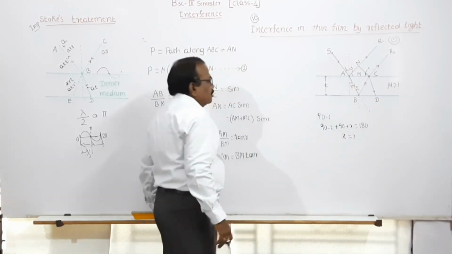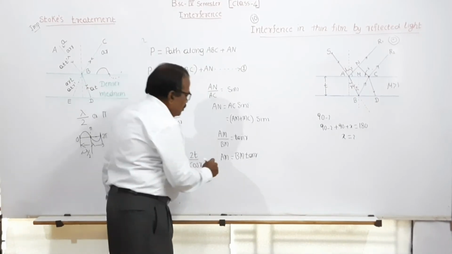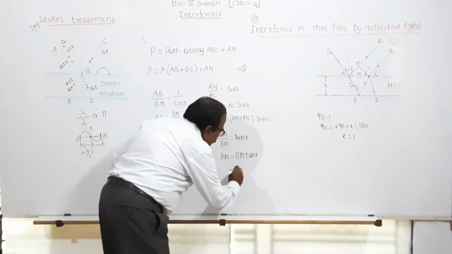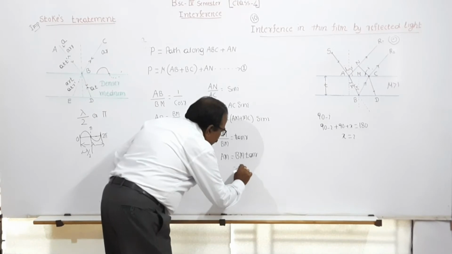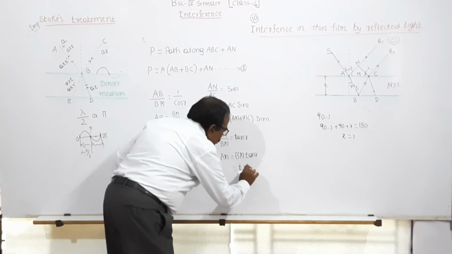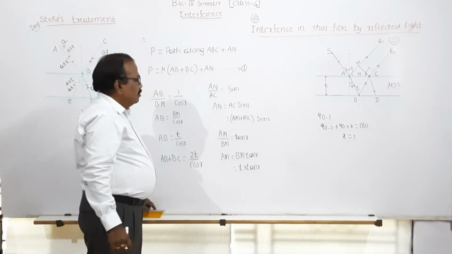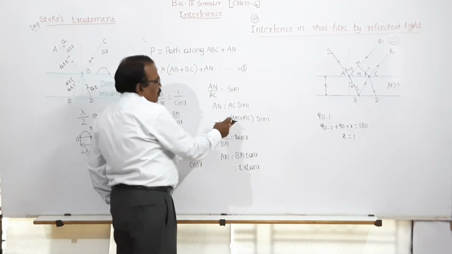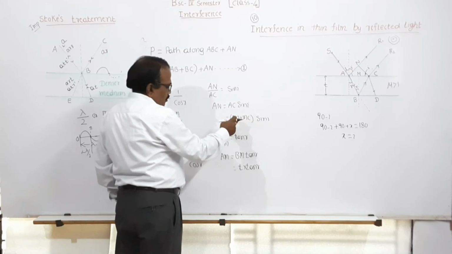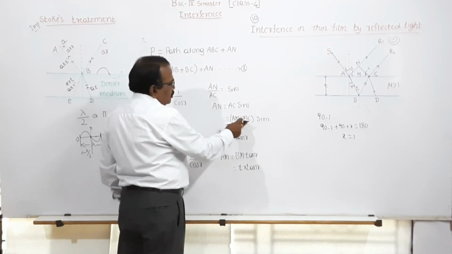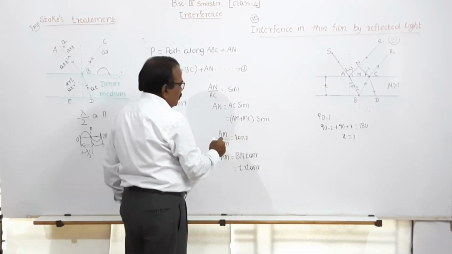BM is nothing but the thickness of the denser medium, so AM is T into tan R. Then AM is equal to MC. AM is T tan R, this is also T tan R.